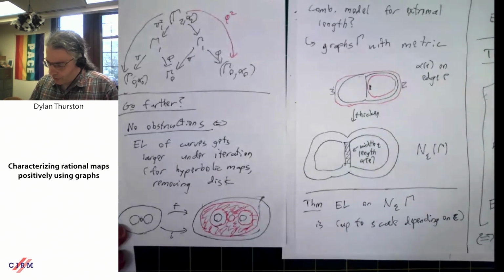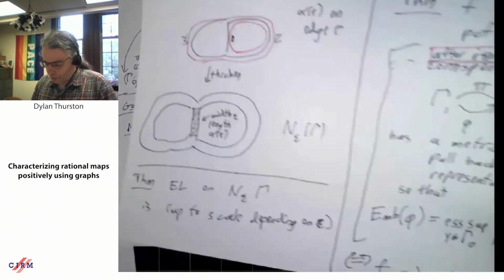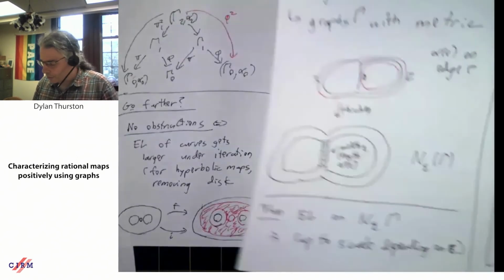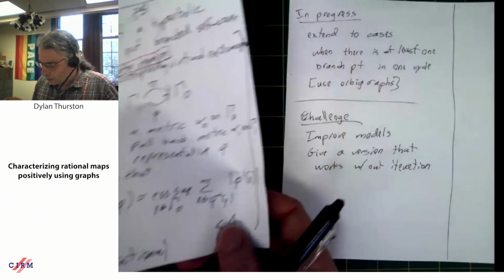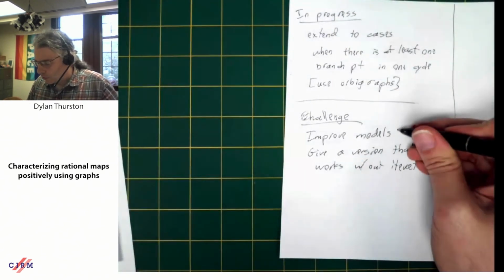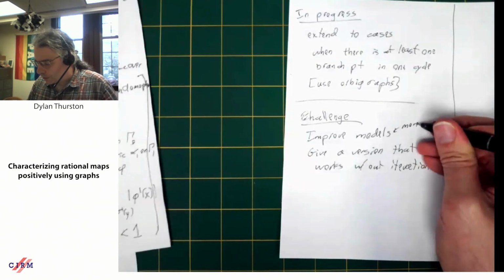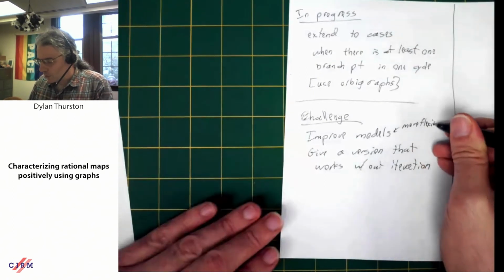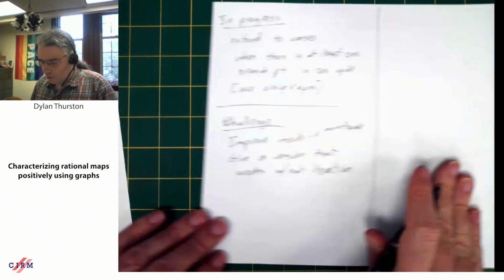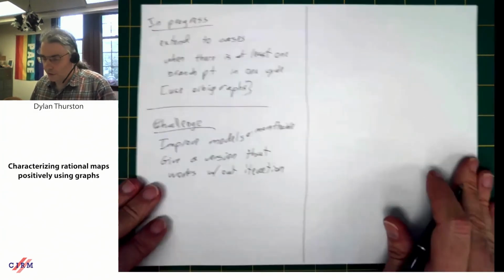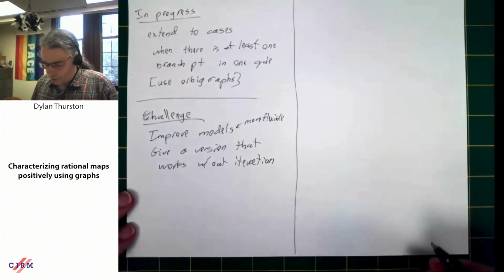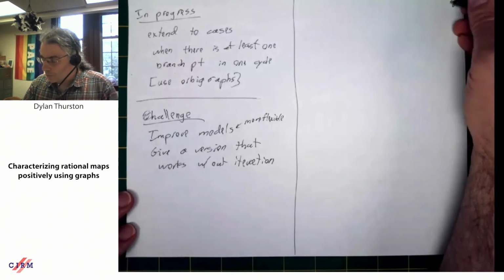It's just not a very good model for the thickening of the Julia set. So I want more flexible models to work with iteration and work on the nose like that.